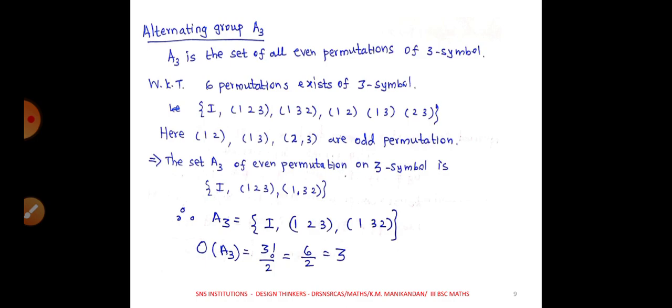So the set A3 of even permutations is I, (1 2 3) and (1 3 2). The order of A3 is the number of elements in A3, which is 3 factorial divided by 2, that is 6 divided by 2, equal to 3.